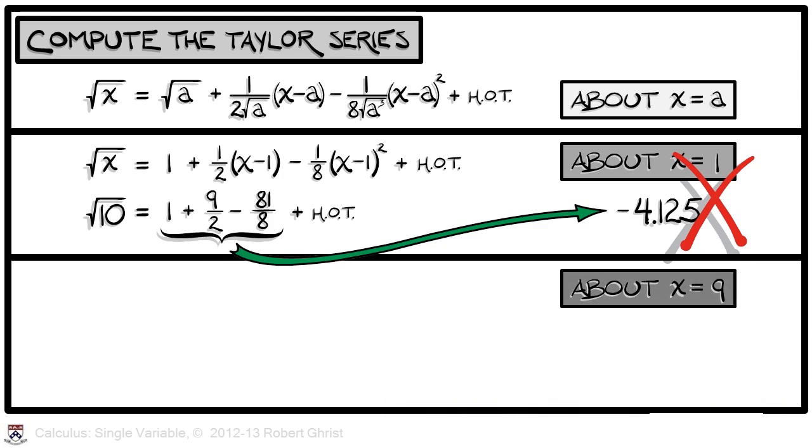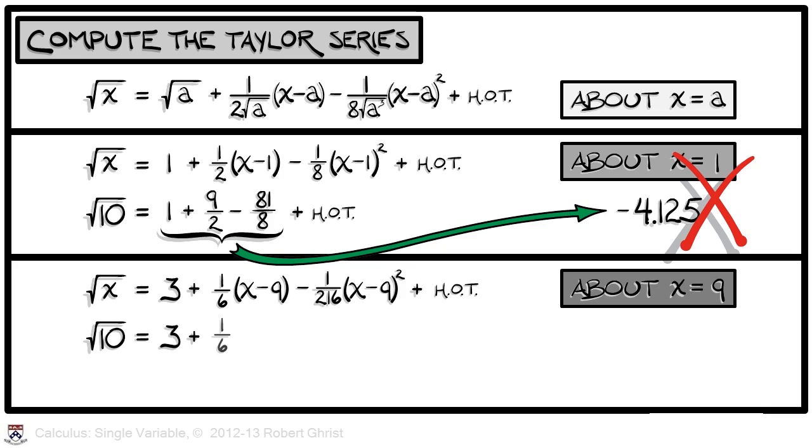So, what if we were to compute an expansion about x equals 9? Then, this is something for which I also know the square root. The square root of 9 is 3. The coefficients are easy to work with. And if I plug in a value of x equals 10 into this Taylor series, I get an approximation of 3 plus 1/6 minus 1 over 216.